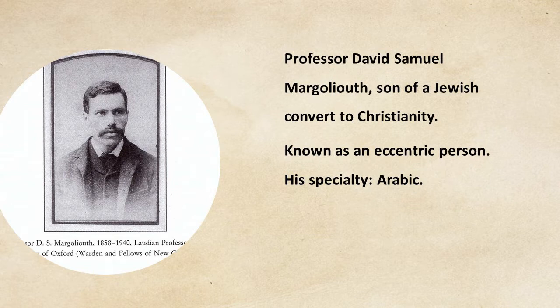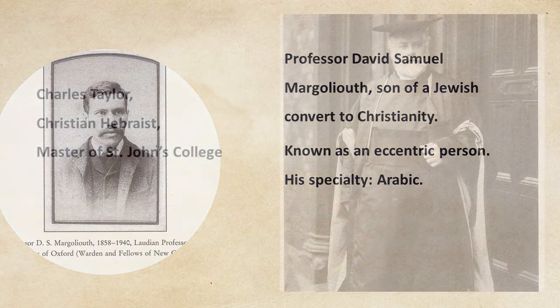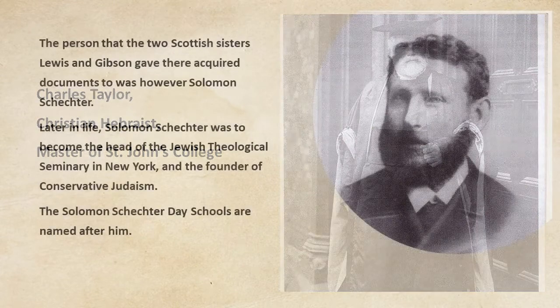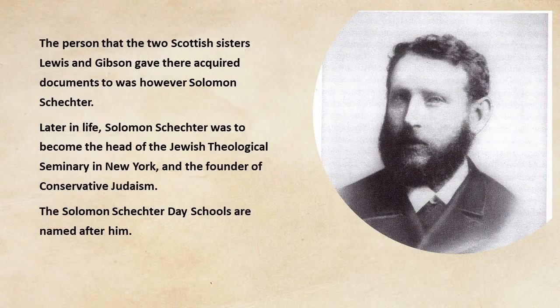He was extremely eccentric, supposedly. His specialty was Arabic, but he also knew Greek and Hebrew and so many other things. And then this person was Charles Taylor. He was a Hebraist, even though you can see he's a clergyman.